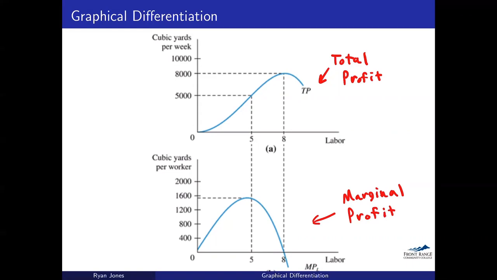So what I'm going to do is first call out one specific point here on the total profit graph, and that's going to be the top maximum point. So right here, in the orange, on that total profit, if I were to graph a tangent line, it would look like this.